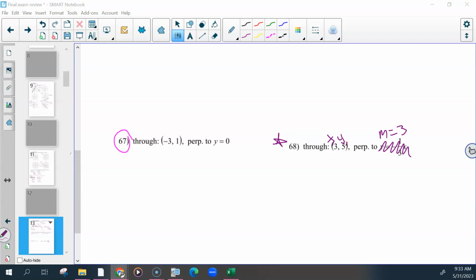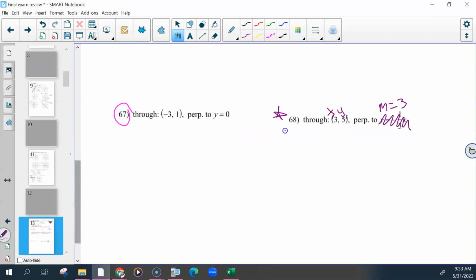Okay, so we're going to use that slope and that point in that formula from above. y minus our y1, which is 5. Remember, we're always subtracting even if our numbers are positive.